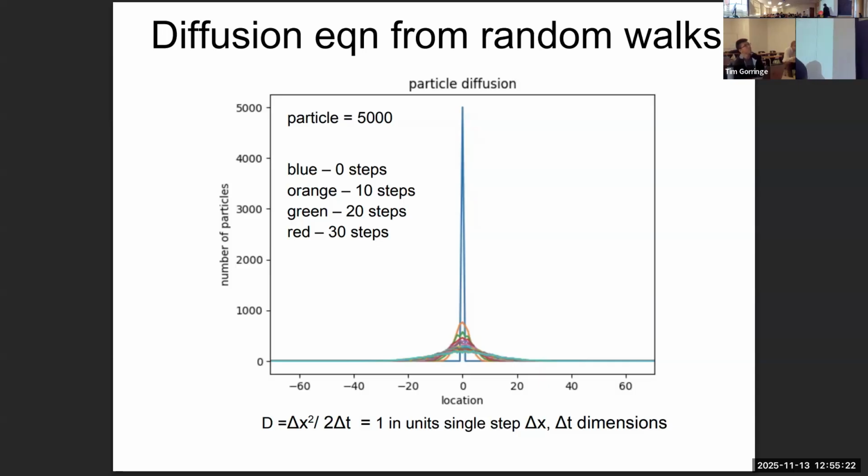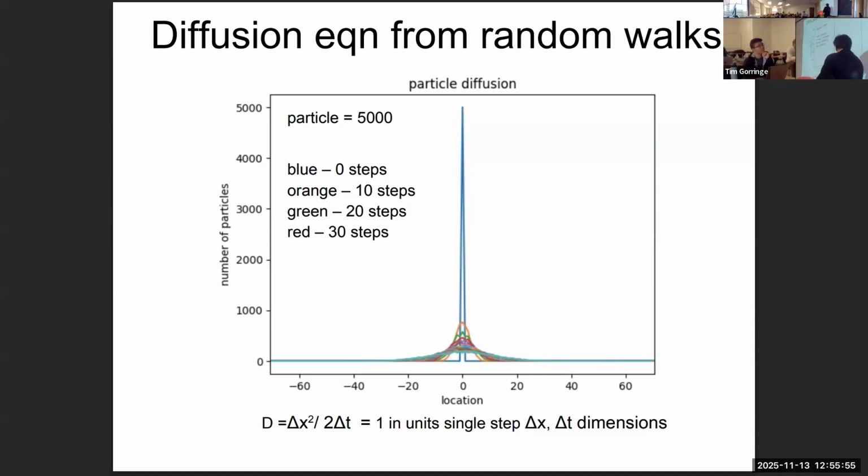And we can actually calculate the diffusion constant in this case. Now we understand that this is represented by a diffusion equation with a diffusion constant. So the diffusion constant, we saw, was equal to the size of the individual steps, dx, divided by twice the time interval of the individual steps.